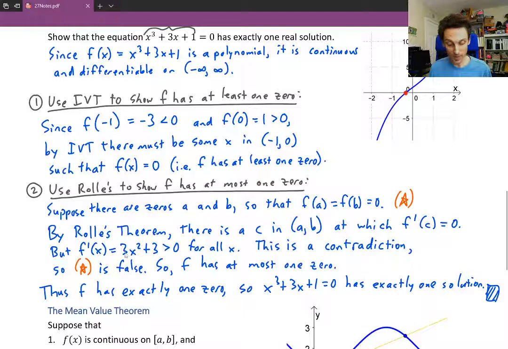But the problem is f prime is not equal to 0. It's always positive for all x. And so because of this contradiction, we know that there can't be two zeros, a and b. There has to be at most one 0. So there's at least one 0, and there's at most one 0, so there has to be exactly one 0. So therefore, our equation has exactly one solution, and there it is in the picture.